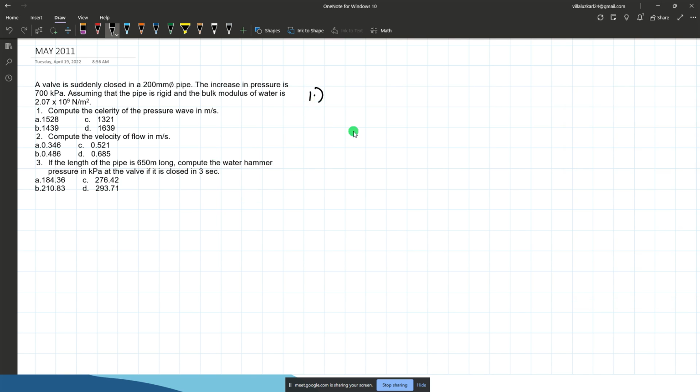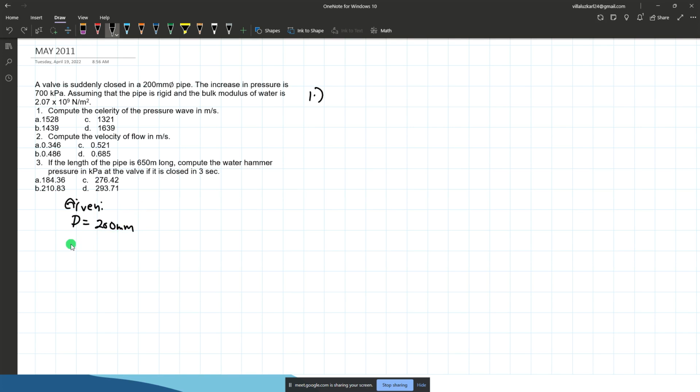For number 1, let's write down first the given. The given are, we have a diameter of 200 millimeter pipe. The increase in pressure is 700 kilopascal.